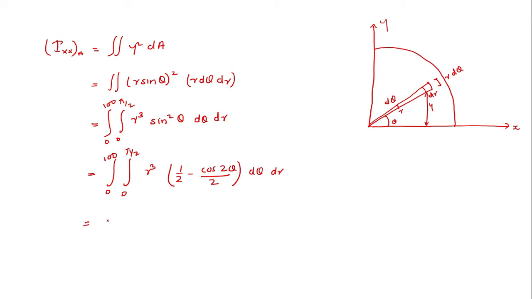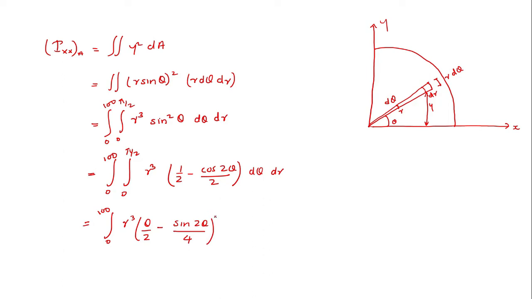Which will be equal to the integral from 0 to 100. Now I shall integrate this term with respect to theta, so r cube will remain as it is, and half will become theta by 2 minus, if I integrate cos 2 theta, I will get sine 2 theta divided by 2, so 2 into 2 will give me 4.